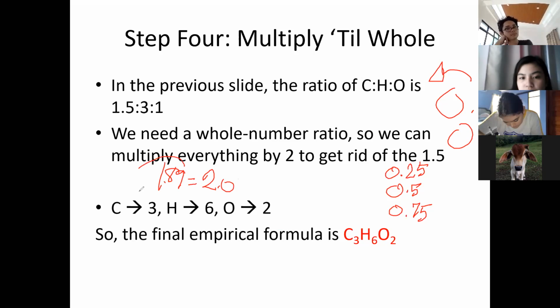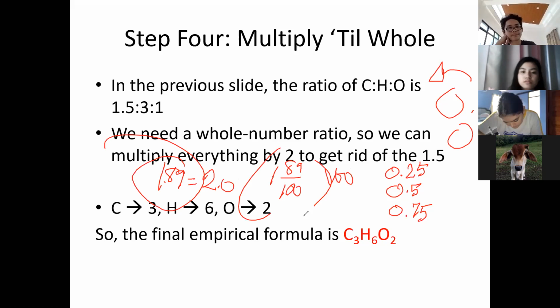But if you wish to make it an issue and keep it as a decimal, you can just have it as 189 over 100. Then multiply everything by 100, and you'll get the whole number, which is 189.